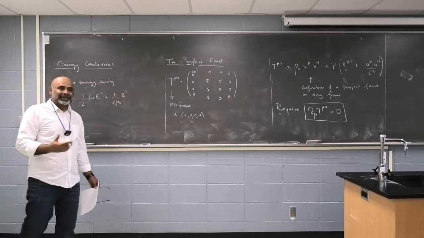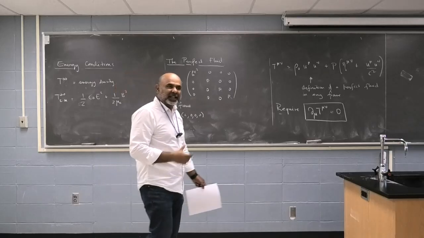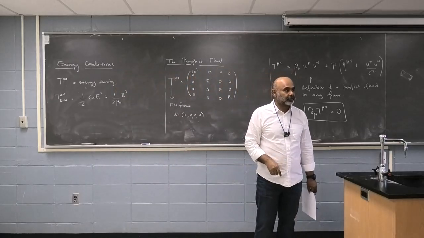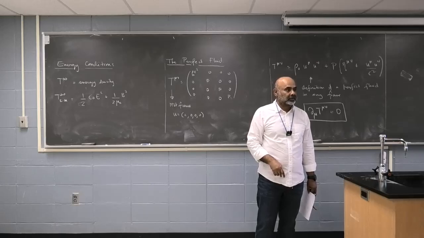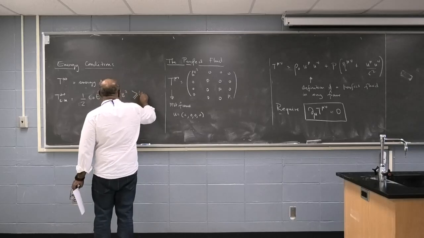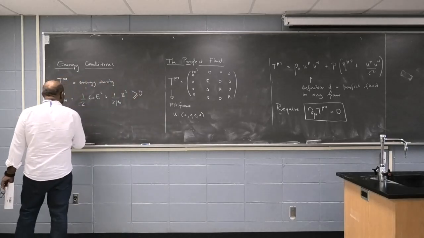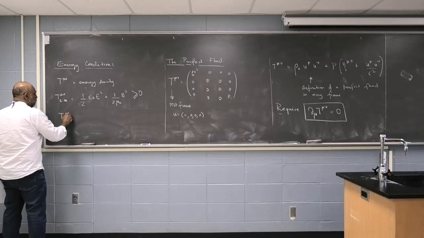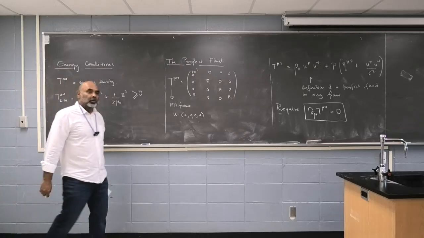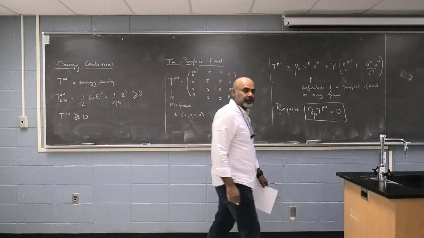Energy is roughly mc squared. It's positive, or at least non-negative. This has to be greater than 0. So we want T00 to be greater than 0. For whom? For any observer.